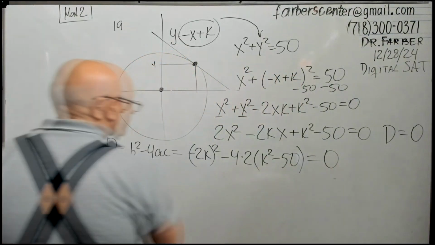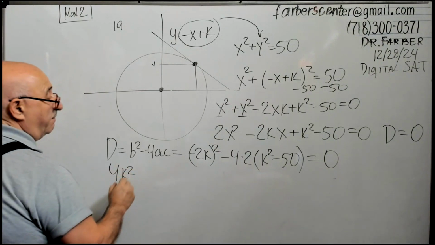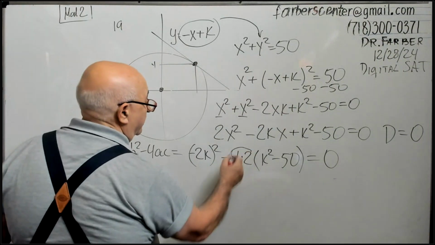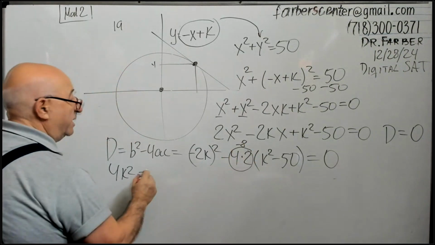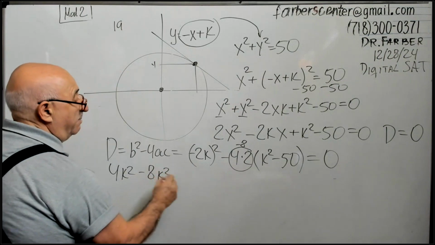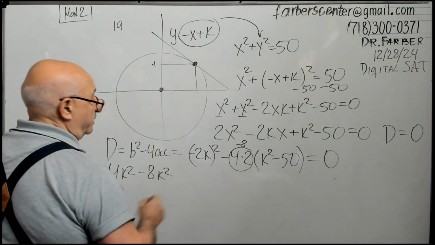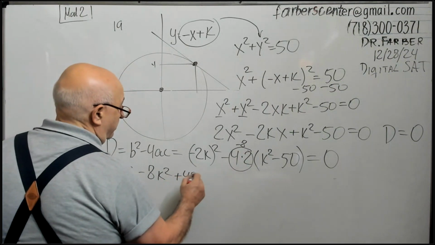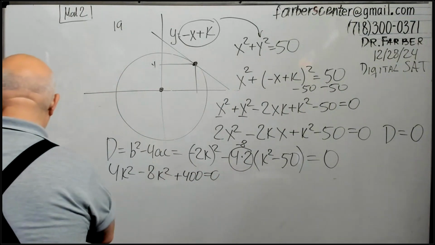Or I continue here. 4k squared. This is negative 8, now minus 8k squared and plus 400 equals 0. So far so good.